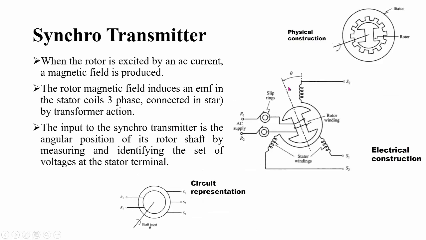But now the rotor is oriented by an angle theta from the winding S2. If you change the orientation of the rotor with respect to any of these 3 windings, the EMF induced in the windings will be different from the case when theta is 0. This can be understood from the next slide.